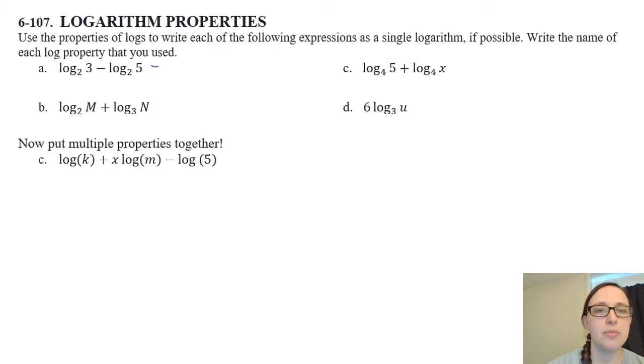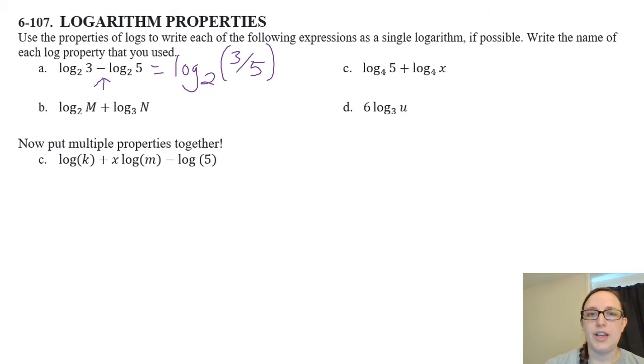It's still going to be log with a base of 2. Since it's subtraction, that's the quotient property, so we are going to divide 3 divided by 5. And that's what it would simplify to.